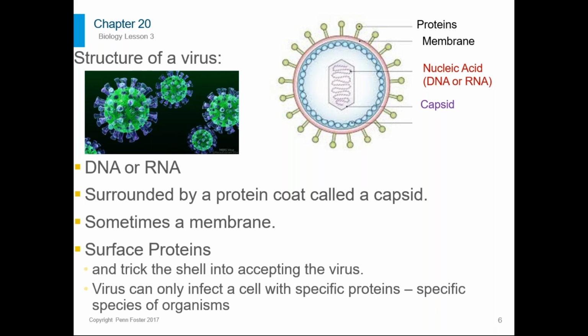Because of this, a virus can only infect a cell with specific proteins. So each virus can only infect a certain type of cell from a certain type of plant or animal or bacteria. You can't usually have viruses that affect a wide variety of species because they're looking for specific proteins.